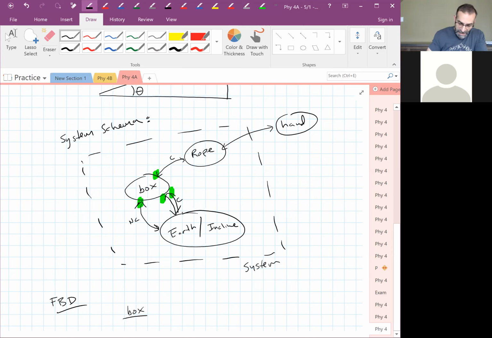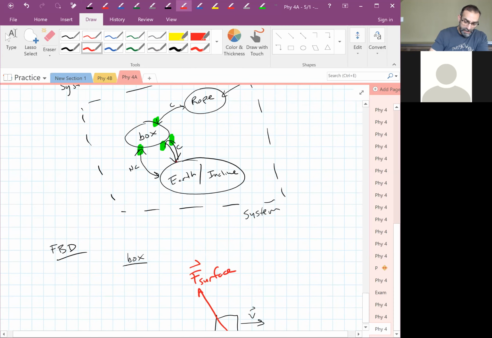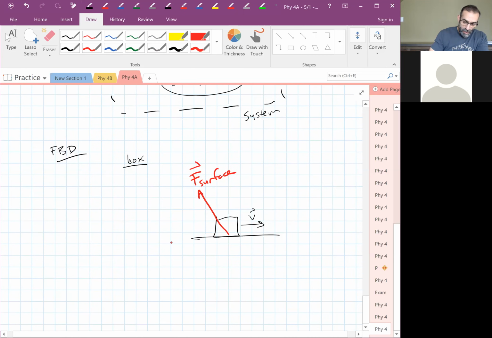But if I have a box moving this way on a surface, I could say the surface is doing this, right? I could say that. And that would be sort of a single arrow here between the box and the earth. But we normally don't do that.